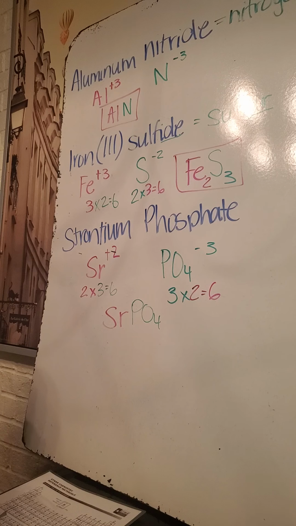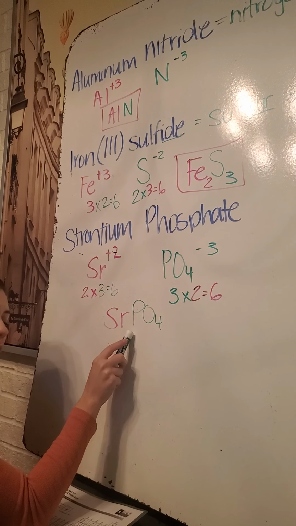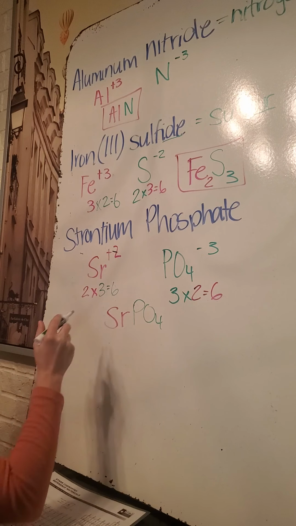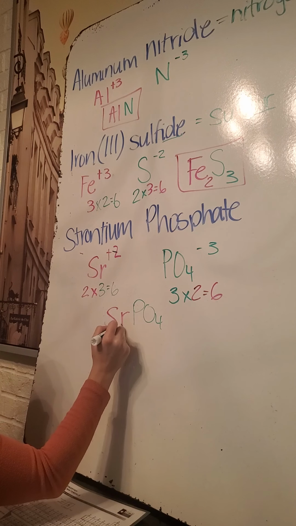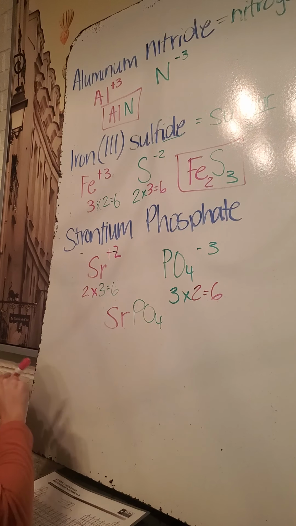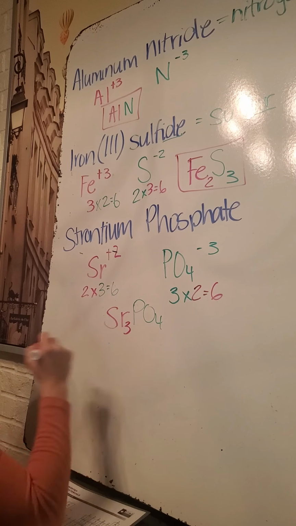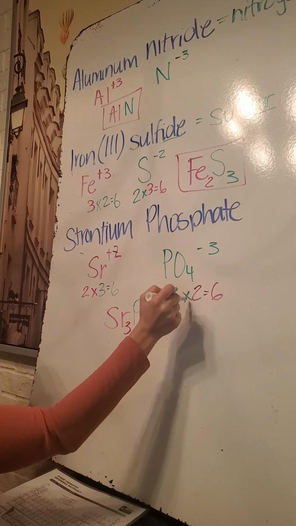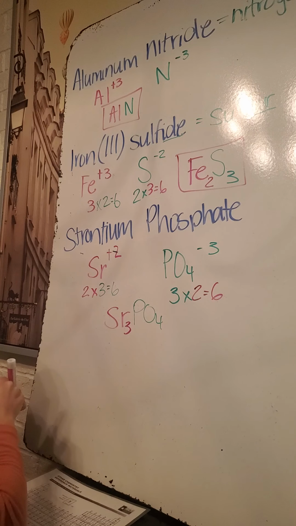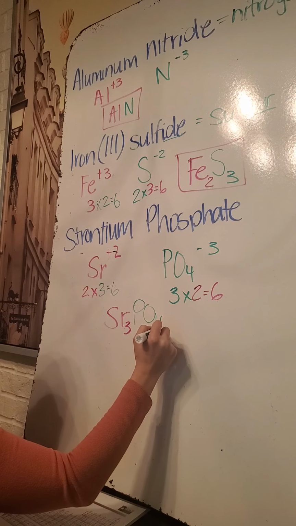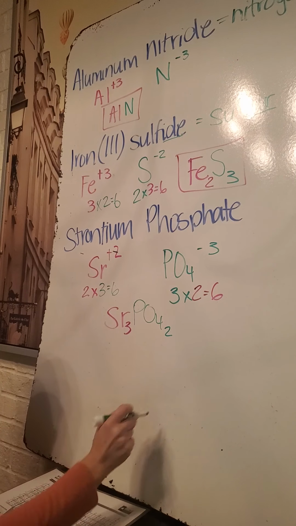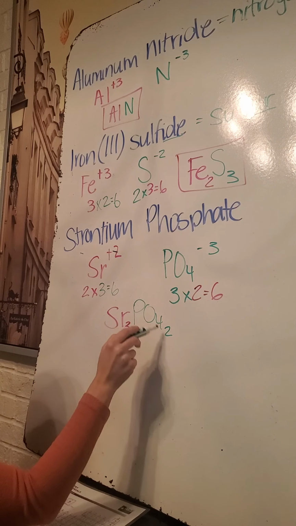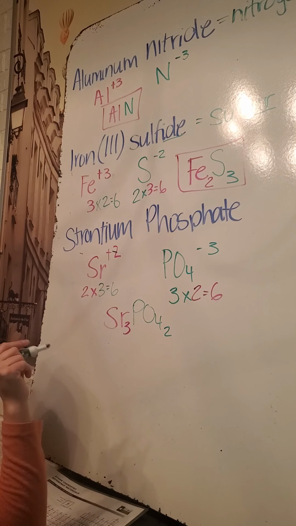In order to balance out our charges on our whole compound, we need 3 strontium, and we are going to need 2 phosphates. I want you to notice something. If I put that 2 right there, what does this big old mess look like? That looks like I have 42 oxygens. That's no bueno.